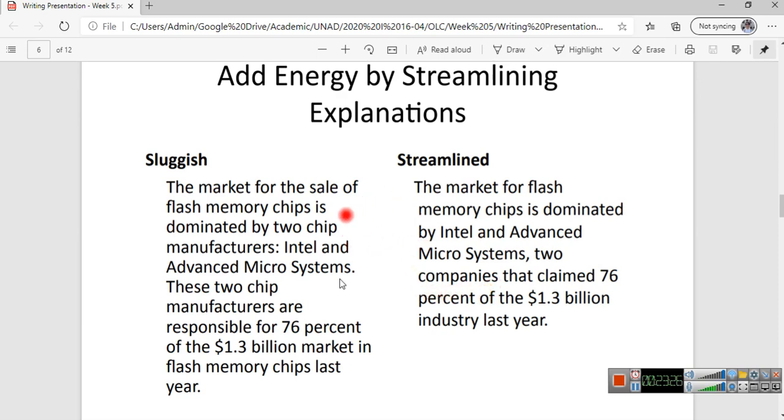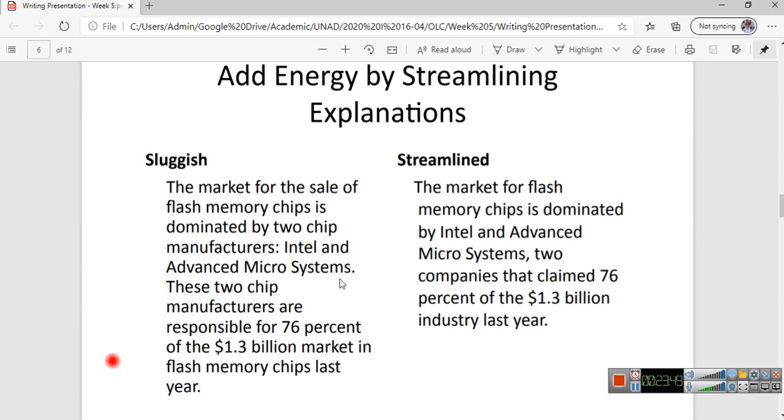So what can we say from the sluggish version? Well, stop repeating subjects when they're already mentioned in a paragraph. You don't have to repeat those. And also verbs. You can go straight ahead and tell your idea. Here we have the example of the two manufacturers.